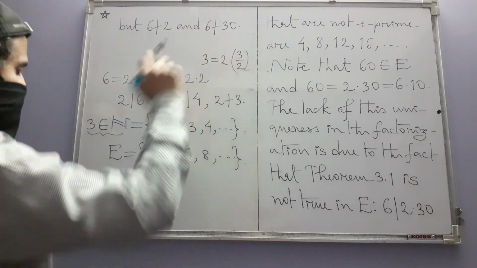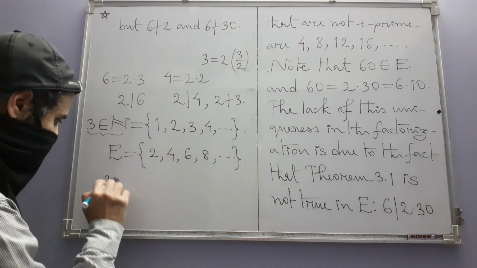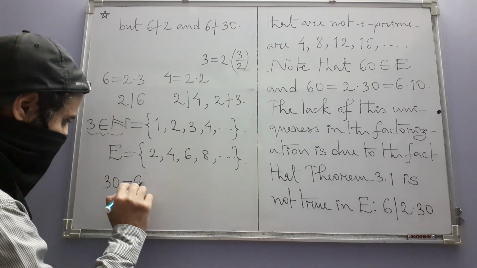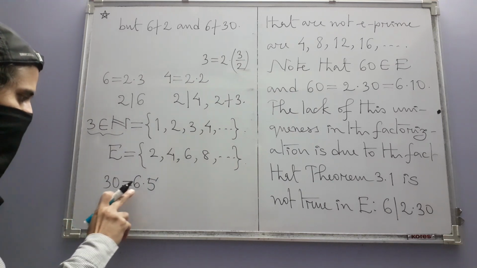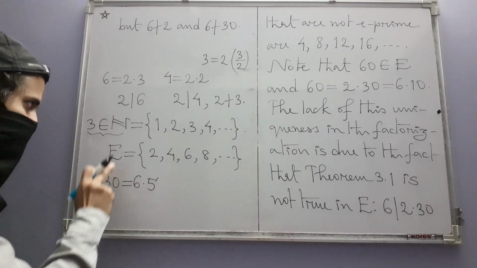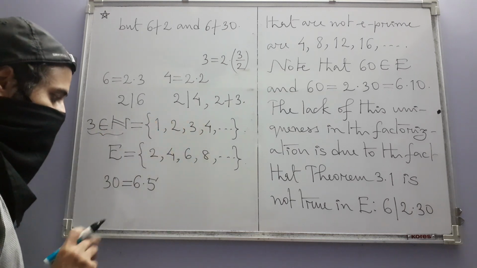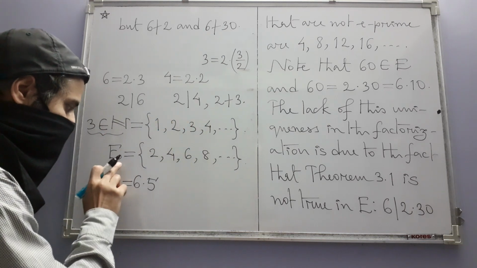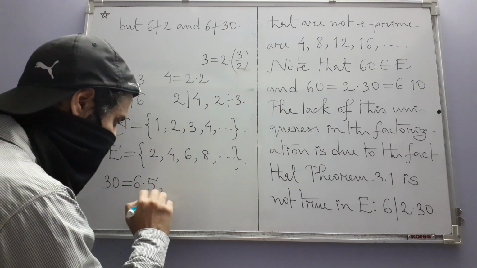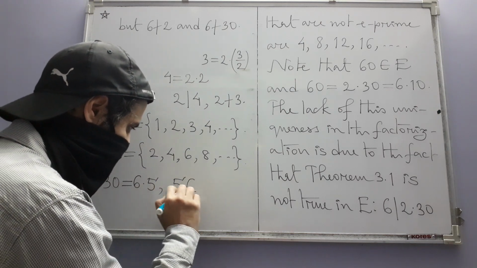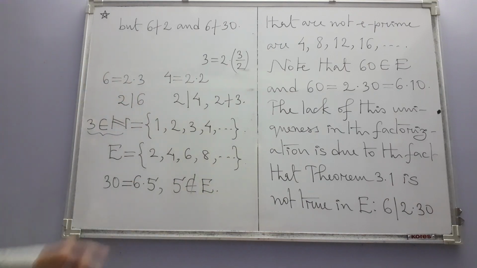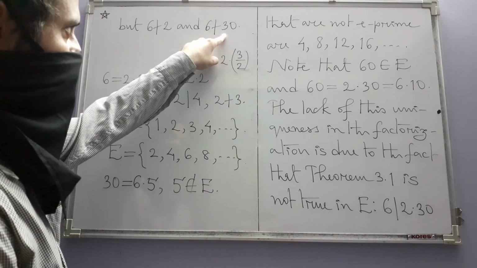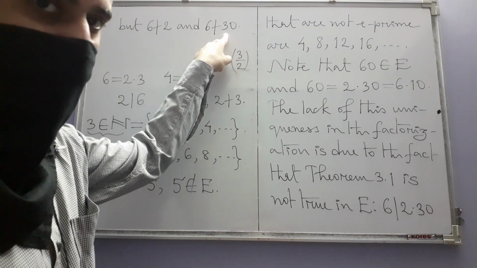Now you look at this. 30 is 6 times 5. Fine. So 6 divides 30 in the system N. But 6 does not divide 30 in the system E, because 5 does not belong to E. So that's why we have this non-divisibility.